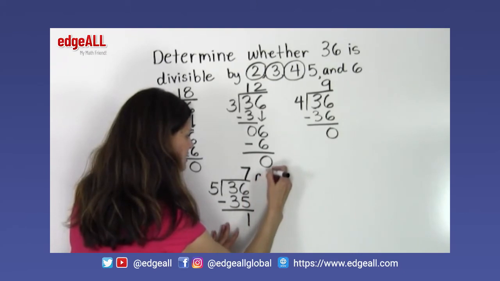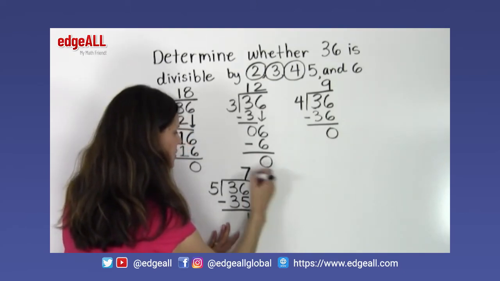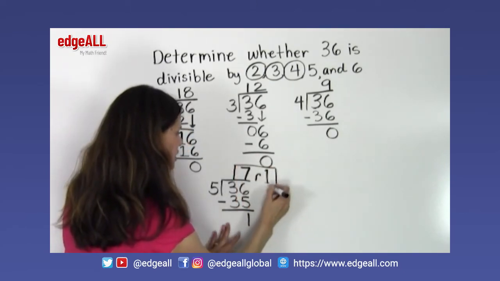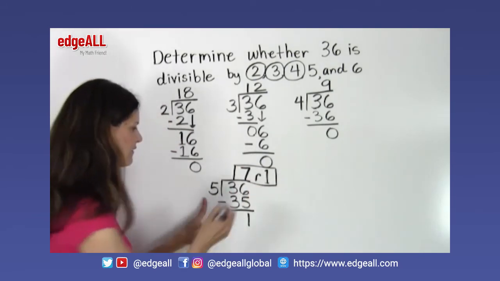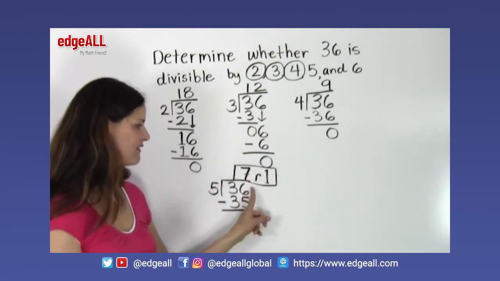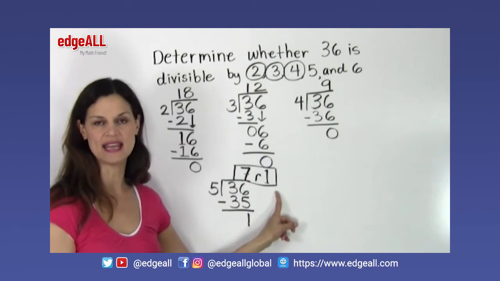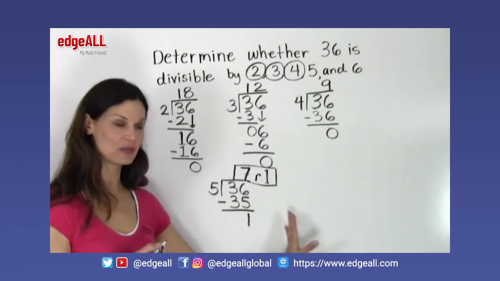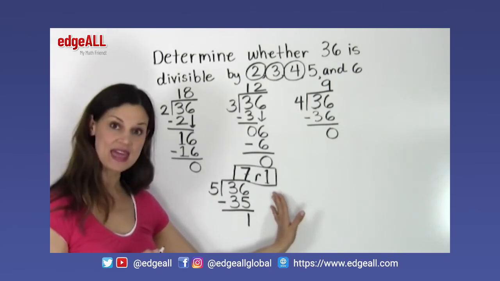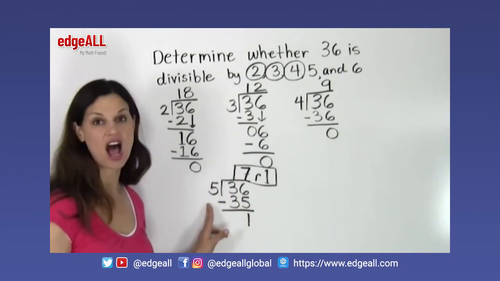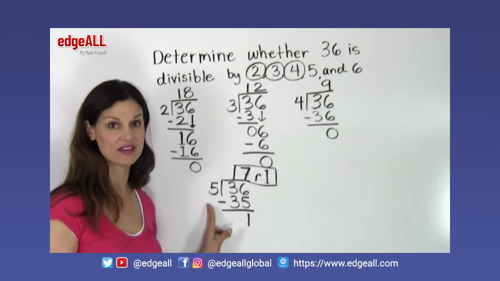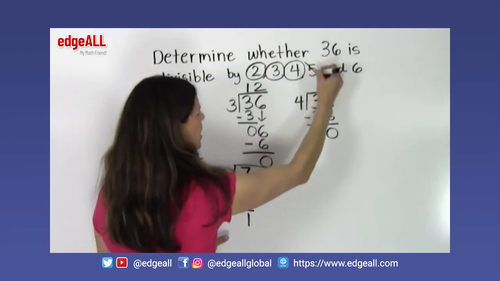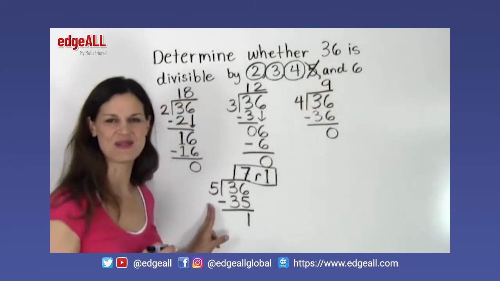So my answer to the division is 36 divided by 5 equals 7 remainder 1. Since I have a remainder on this division problem, that tells me that 36 is not divisible by 5. So 5 is a no here. I'll go ahead and cross that one out.